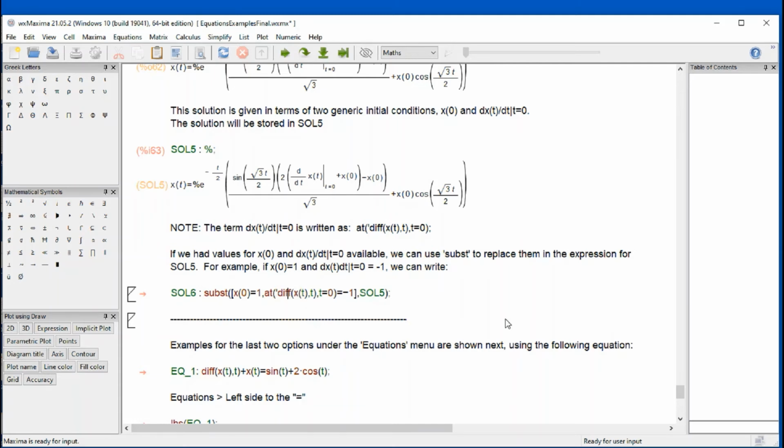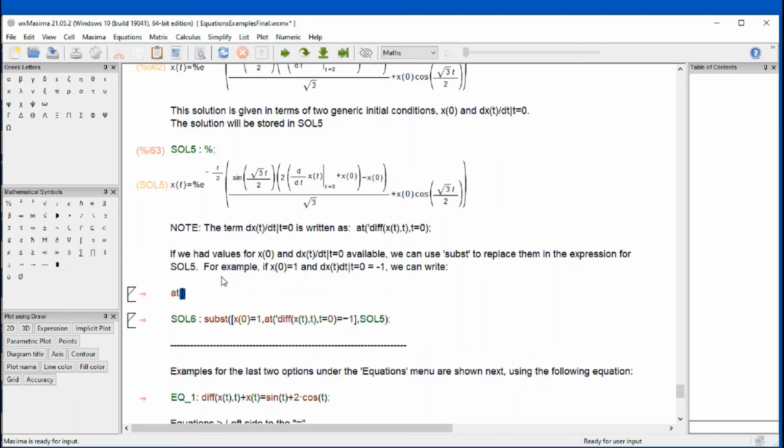given values. Now x0 is just x of 0, whereas this derivative is written in this form. Let me type above here, apostrophe diff x of t, comma t equals 0.